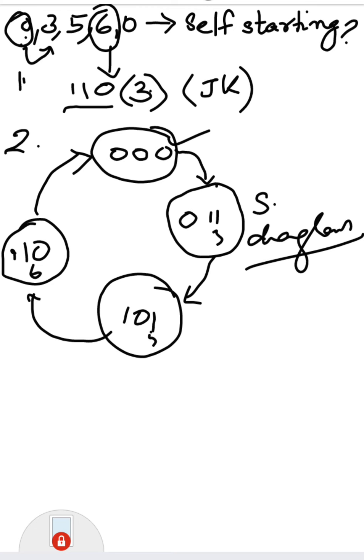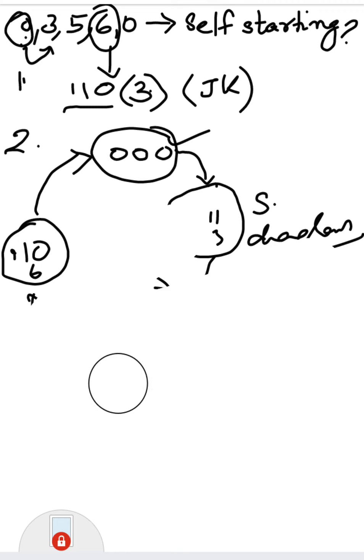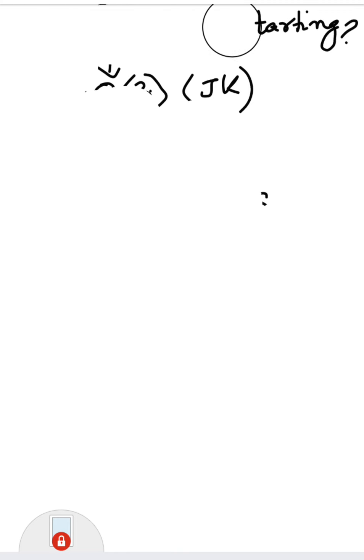Now based on the state diagram, you have to prepare the circuit excitation table. Now how to prepare the circuit excitation table? Since you require 3 flip-flops, I'm writing Q0, Q1, Q2, similarly Q0 star, Q1 star and Q2 star.